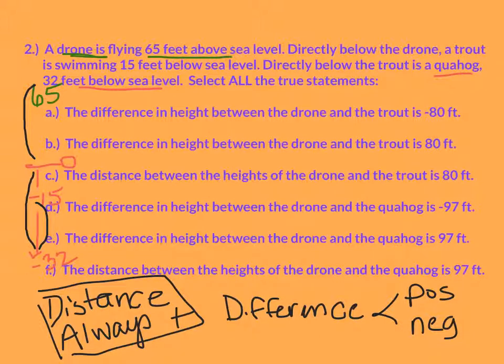Well, you know what I'm actually going to do is look at anything that says distance first. So C is looking at distance. The distance between the height of the drone and the trout is 80 feet.